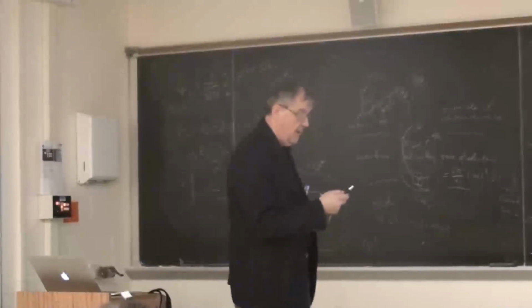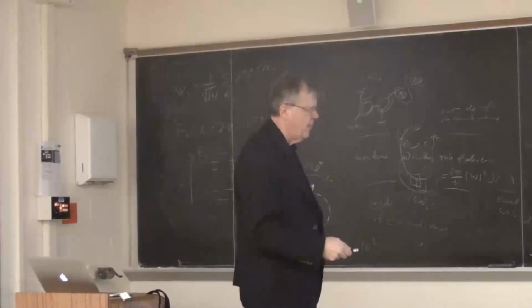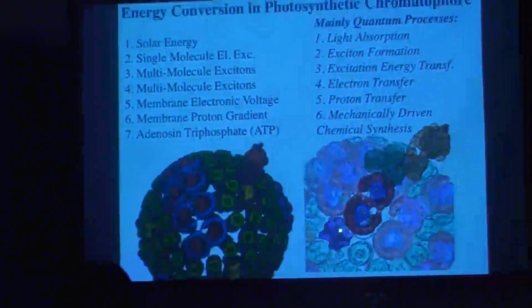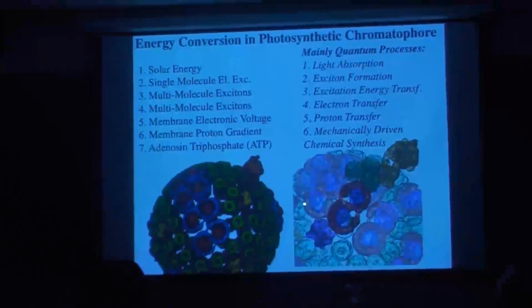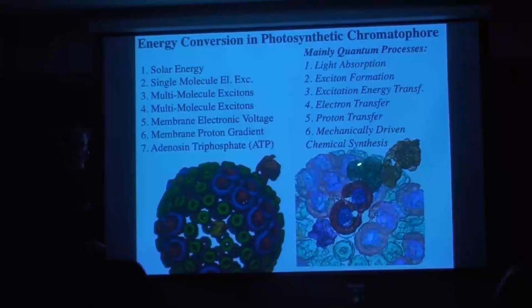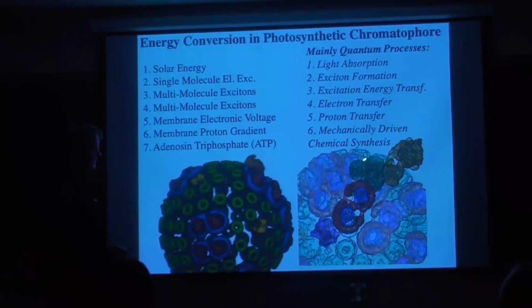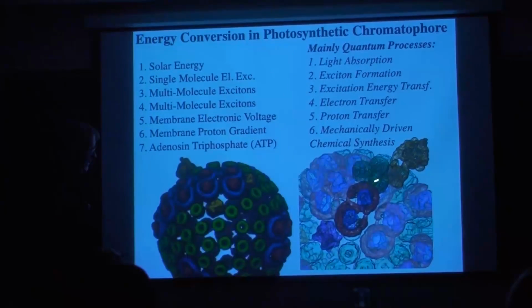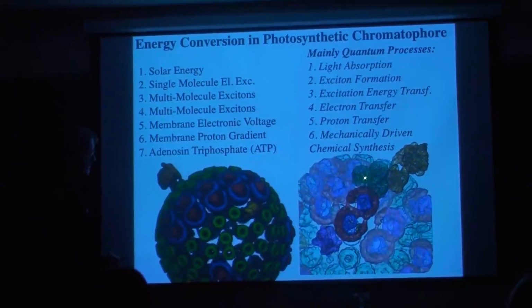so here we have our chromatophore, and here we have now a close-up view, and here we see the 3 proteins that contain the LH2, that they each contain rings of 18 chlorophylls.